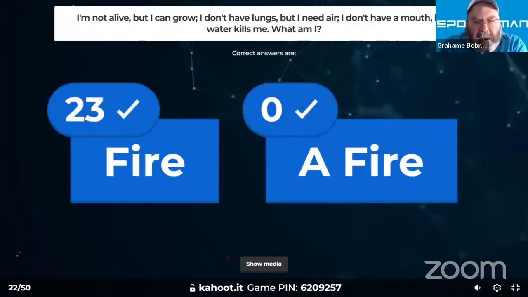One says fire or a fire. 23 of you getting that correct. That's quite good. My apologies for not giving you the warning that we were onto the puzzles section. We now have puzzles and riddles for about 5 questions. As you will remember from the past, you've got to think a little bit laterally. You've got to get your brain working and try and get these answers correct as opposed to getting them quickly.